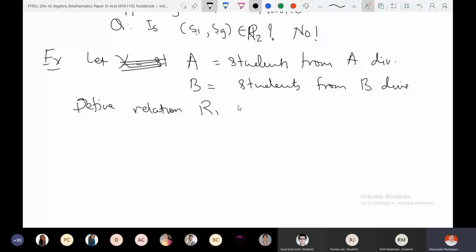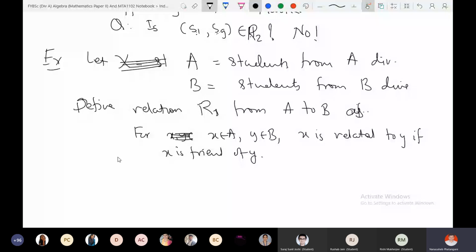The following is a relation: for x belongs to A, y belongs to B, x is related to y if x is a friend of y. So what is my relation? I have students from A division, A1, A2 and so on, and students from B division, B1, B2, B3 and so on.